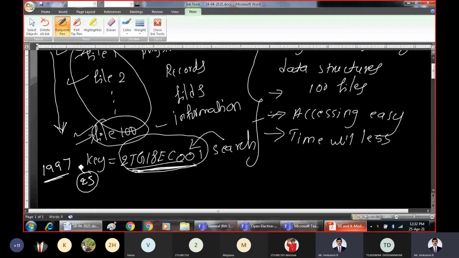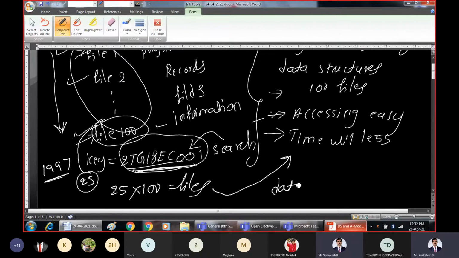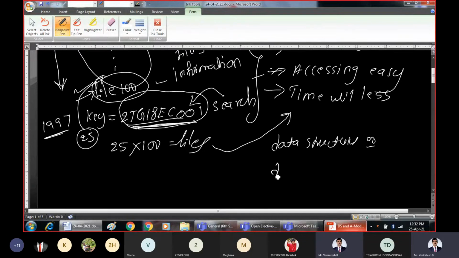So every year assume there are 100 files, and if you want to manage the details of all the students from all the departments, how much is required? 25 into 100. These many files you have to process. And if you want to search the details of any student from any of the batches, then you have to waste most of your time in searching these physical files. If all the data is stored by using data structures, or more specifically, we store the data in databases.